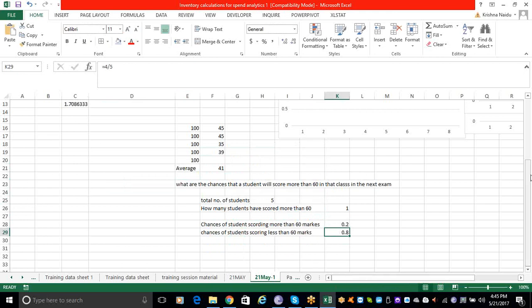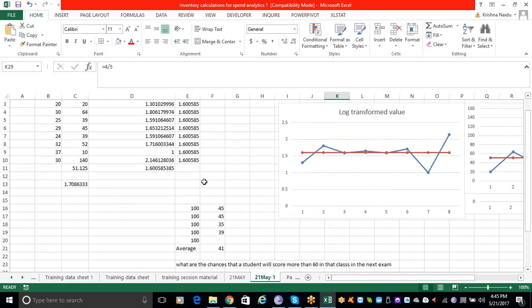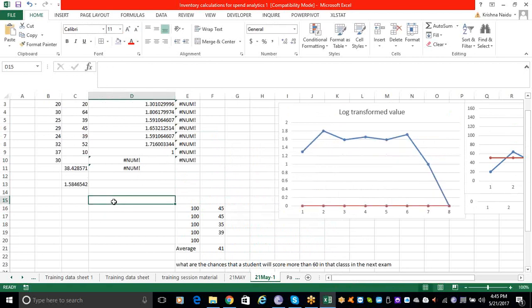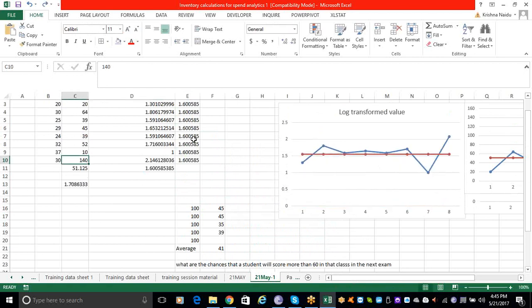So what I will do here is I'll remove the outlier and see the performance. So let me redo it.